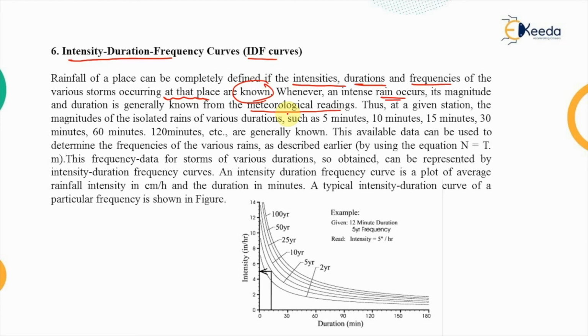That frequency data for storms of various durations is represented in the form of the intensity duration frequency curve. So what is this? It is a plot of the average rainfall intensity in centimeters per hour against the duration in minutes, for a given, particular frequency.